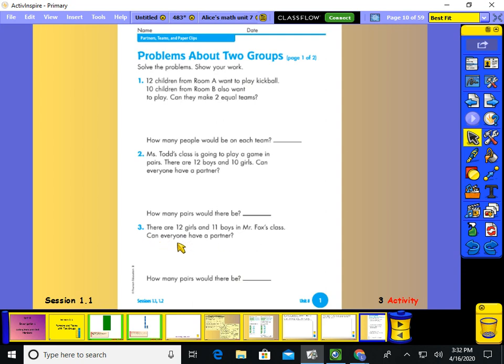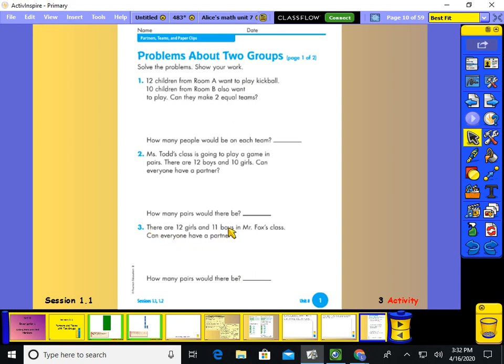So I know that before I even know what the total is. Because if these 12 girls were paired up, I'd have 6 partner sets. 11 boys can't be paired up evenly. 1 boy will be left out.